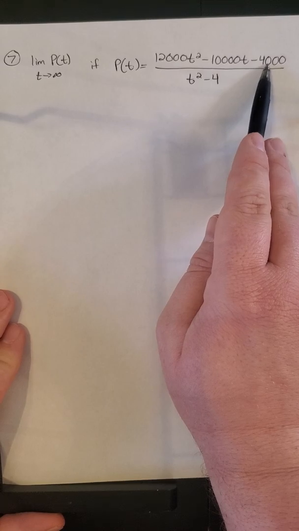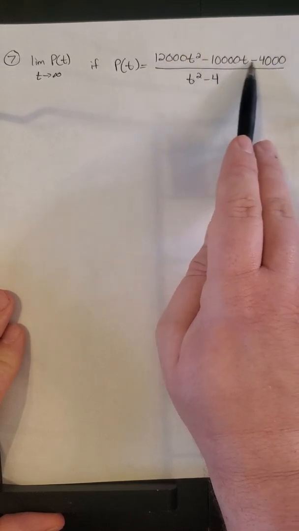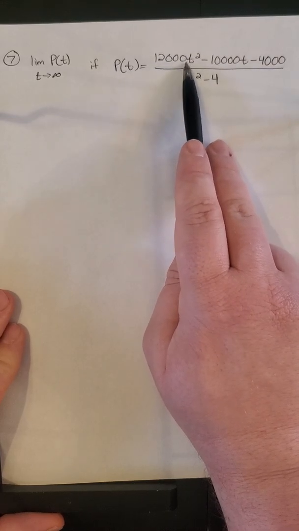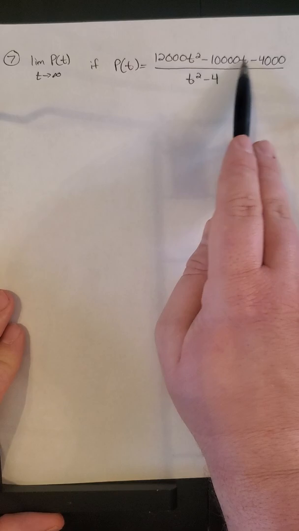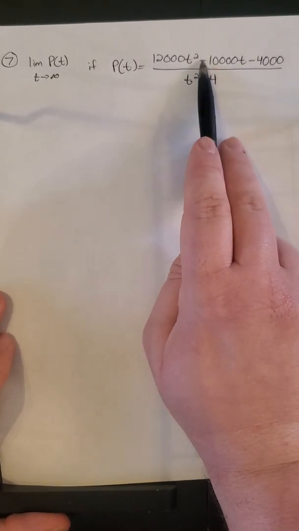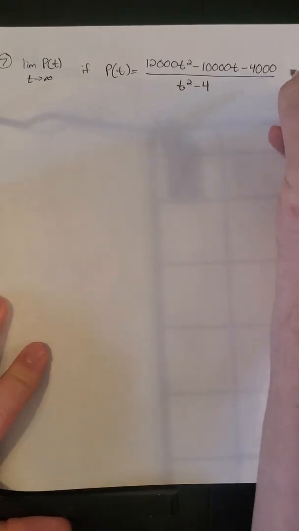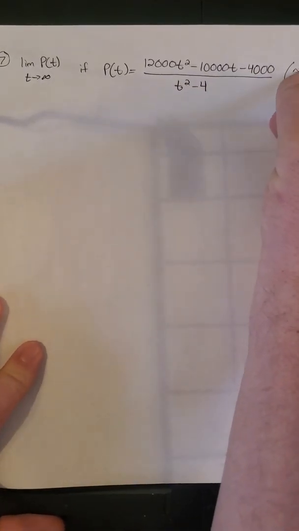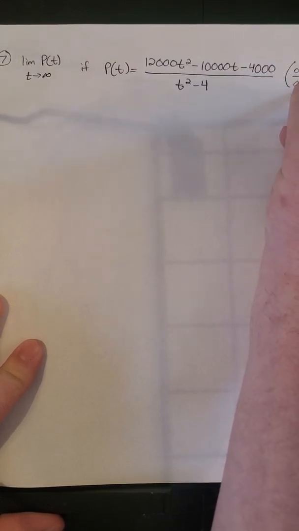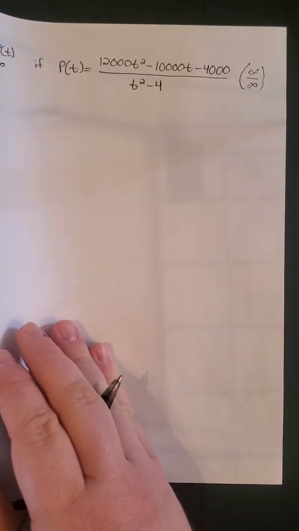As the numerator approaches infinity, quadratic functions go to infinity or to negative infinity. But since the leading coefficient is positive, this parabola is opening up. It's going to go to positive infinity. Same thing with the bottom. It's opening up, positive infinity. So this is an infinity over infinity indeterminate form. Okay, infinity over infinity.